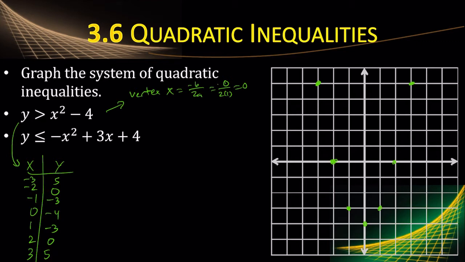It's not equal to, so it's dotted. So it's a dotted line because it's not equal to. And then we have to think about the shading. It's y is greater than, so we shade above.